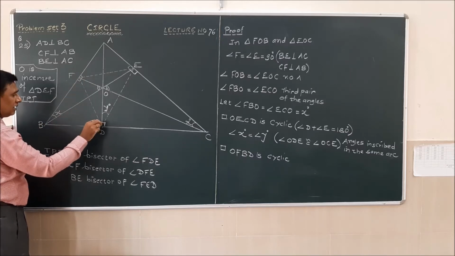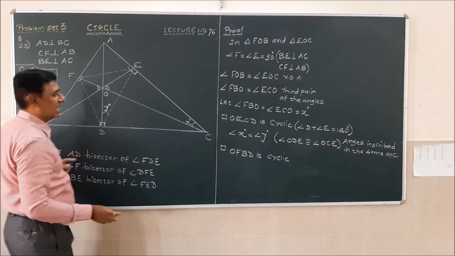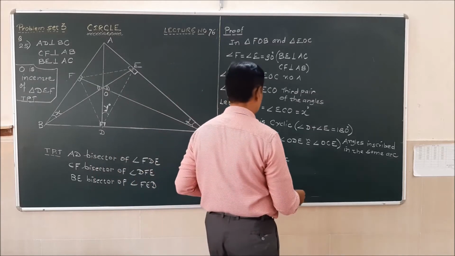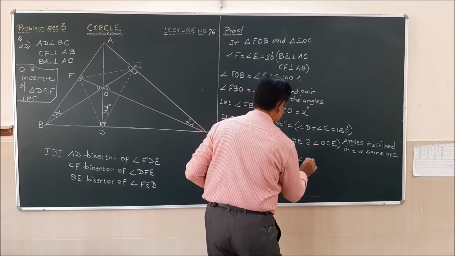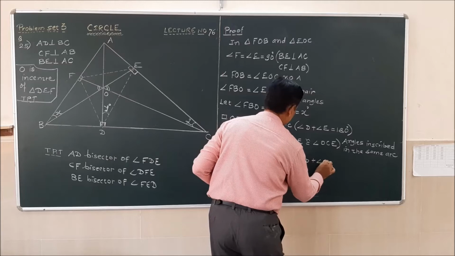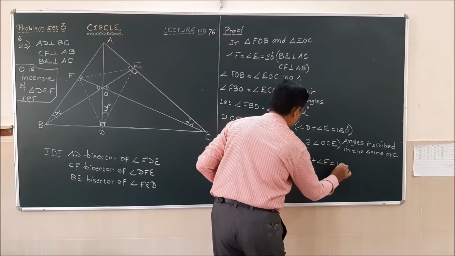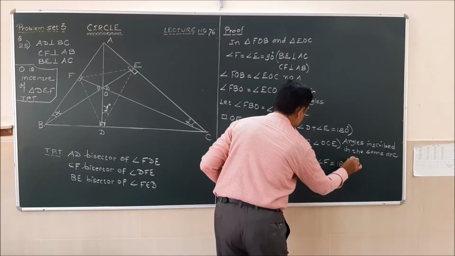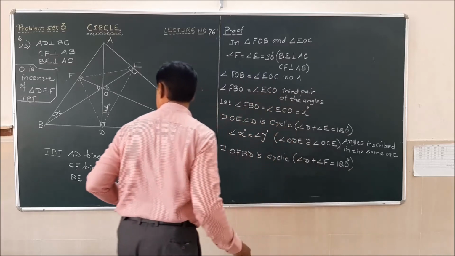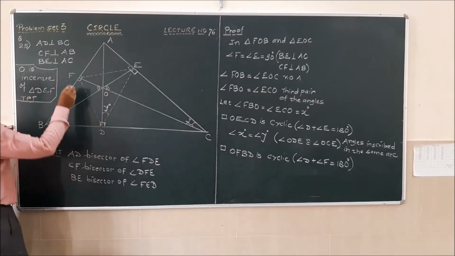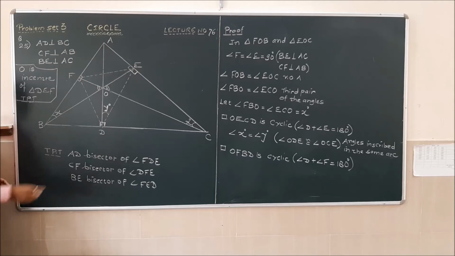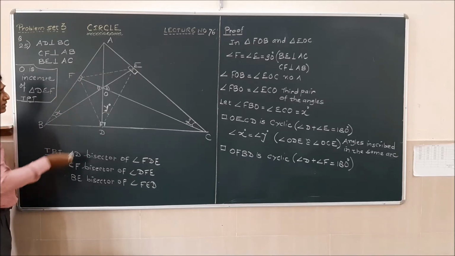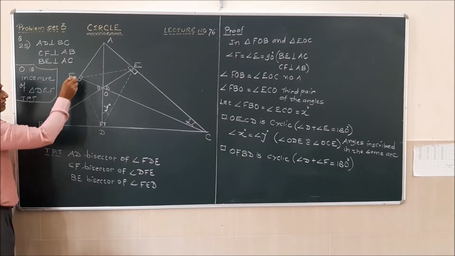Why is this quadrilateral also cyclic? OFBD is cyclic. Why? Angle D plus angle F is equal to 180, opposite angles. D plus F is also equal to 180, 90 plus 90. These are opposite angles for quadrilateral OFBD.